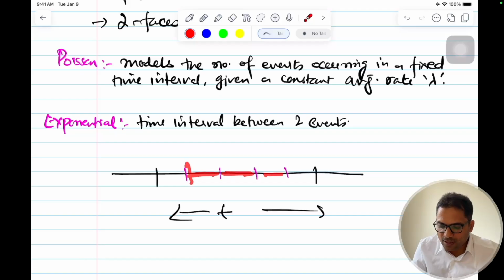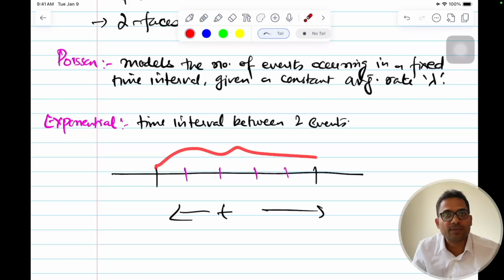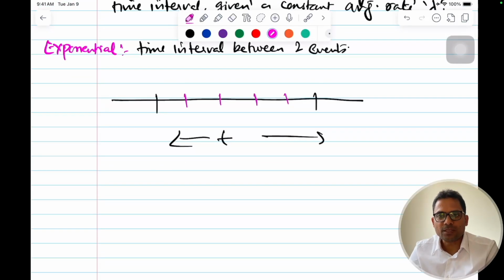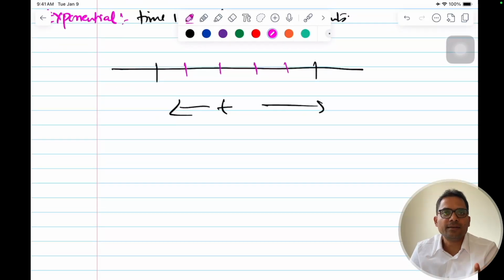So this count is discrete and the time is continuous. Exponential will measure the time between these two events. That's the relation between these two. Now let's understand how they are related mathematically also. I hope the intuition is clear.